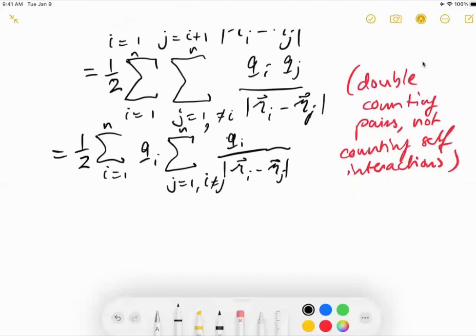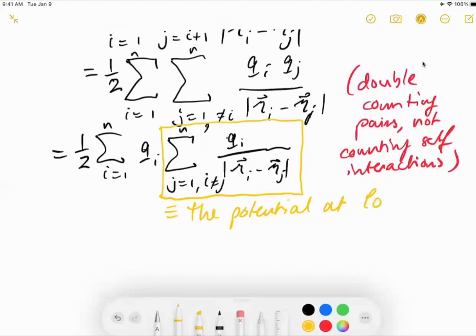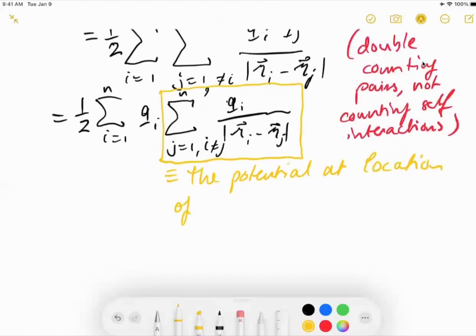Okay, this expression is the potential at the location of Qi.